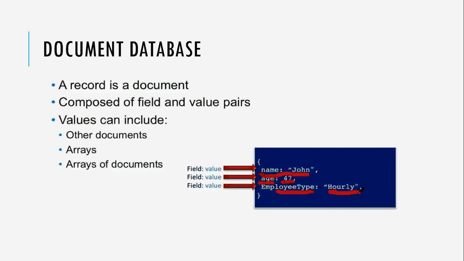But they could be other documents as well. In other words, you could have a field, perhaps an office, that points to another document, and that document gives all the details of that office. So what I meant is that this might be holding any other information also.